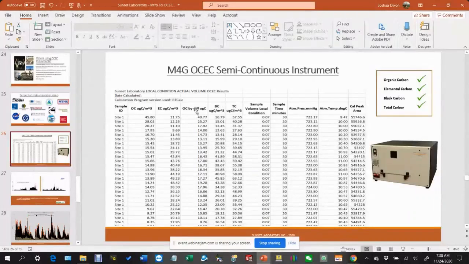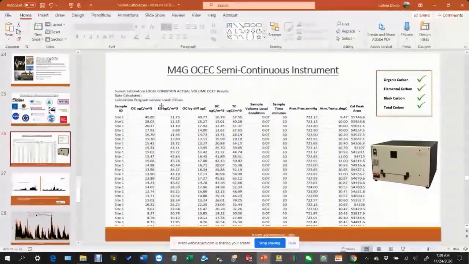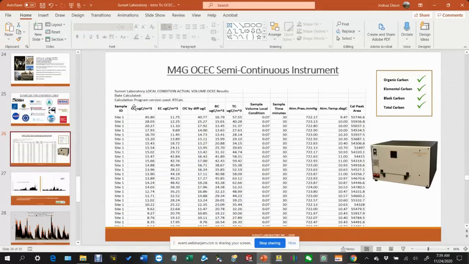This OC by difference value that I'm showing here is BC minus TC. That's a measurement we've been doing for decades now, but is now becoming more popular. And then we also measure EC and OC through method-defined terms such as NIOSH 5040 or IMPROVE.